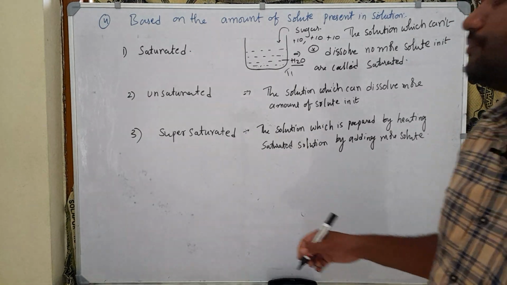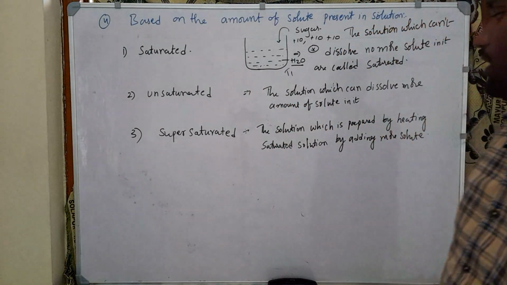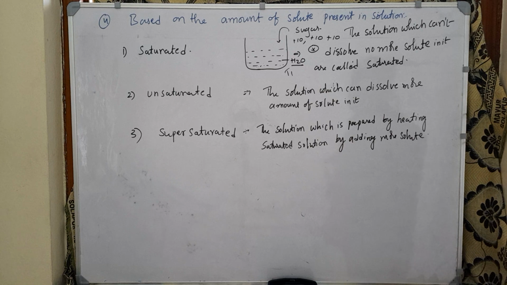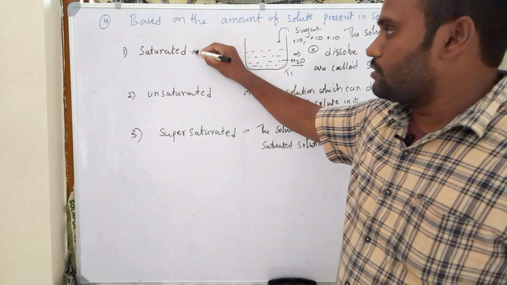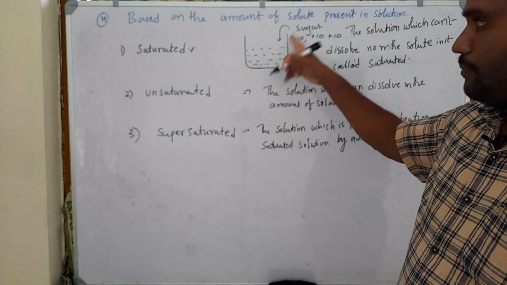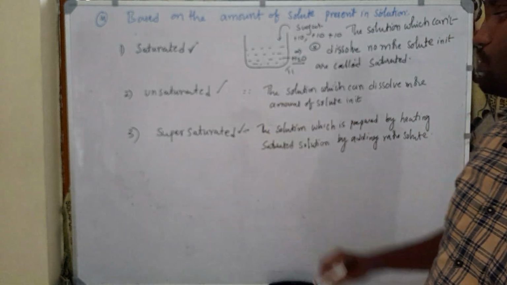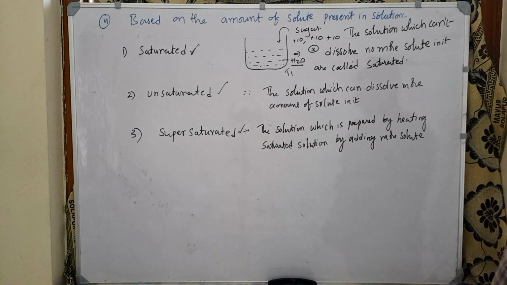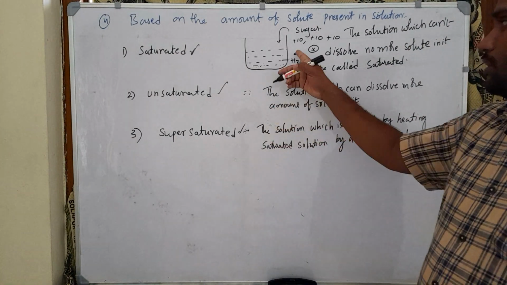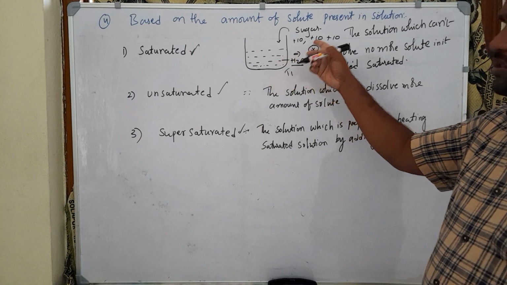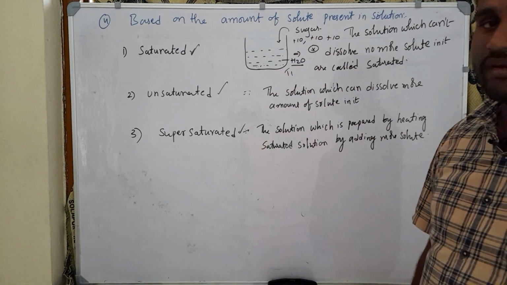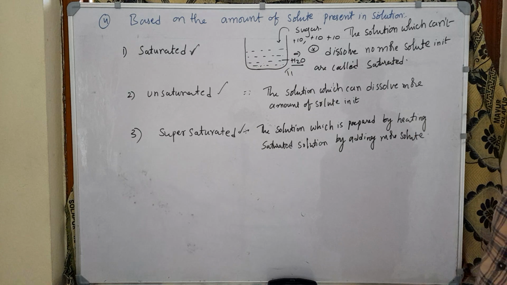So these are the three types of solutions based on the amount of solute present in it: saturated, unsaturated and supersaturated. A saturated solution contains the exact amount, meaning we cannot dissolve any more solute.